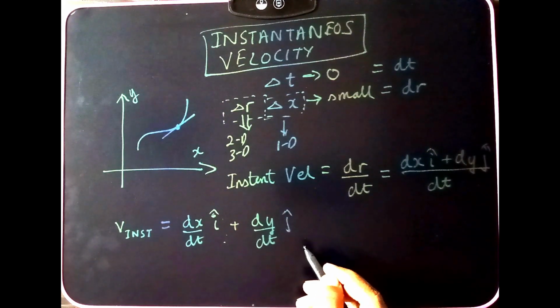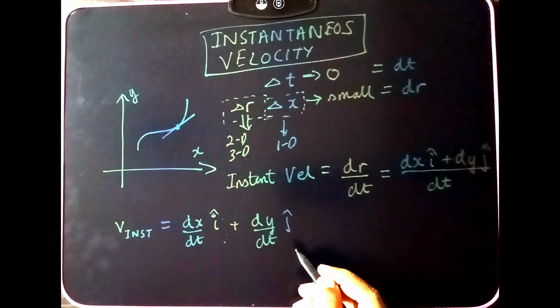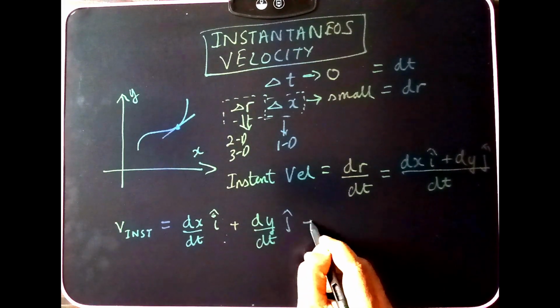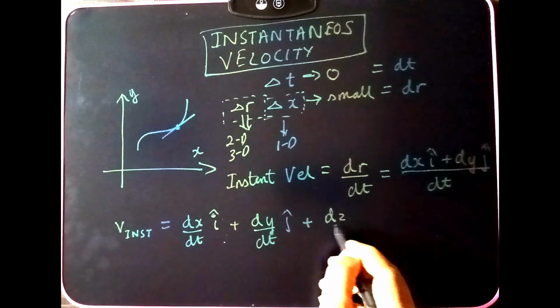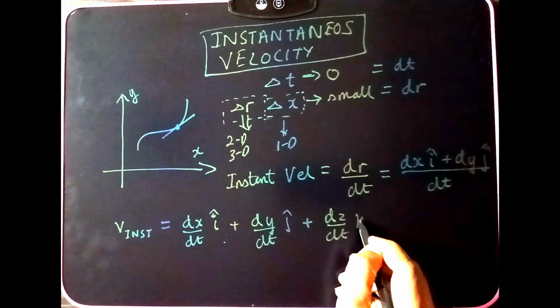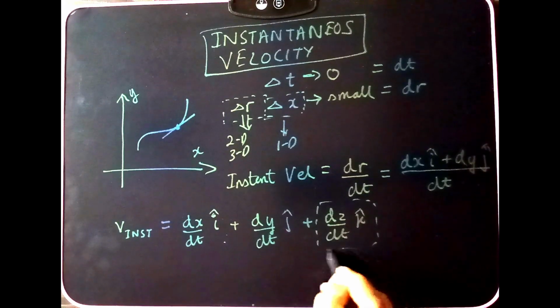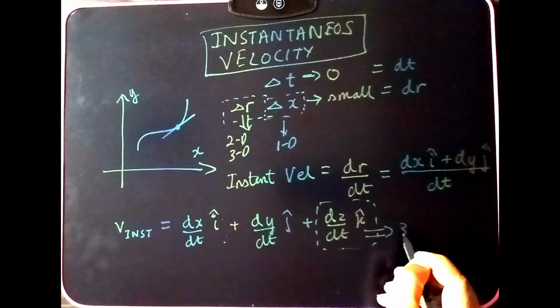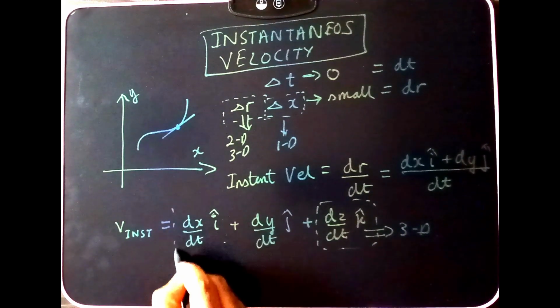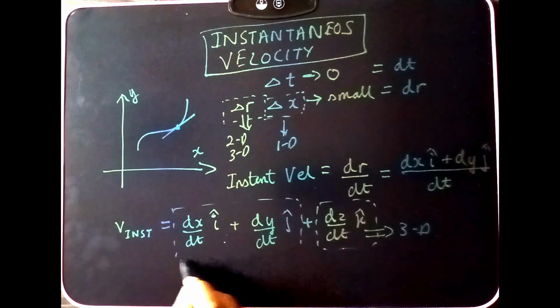And if it was supposed to be three dimensional, then I would have one more component, dz by dt k cap. This is the additional component if it is 3D, and this much is for 2D.